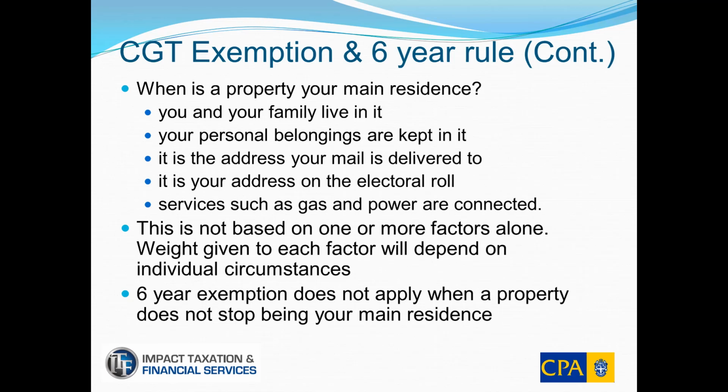And then they can rent it out for 6 years, provided they move back. At the same time, they can have another property in Australia, and the 6-year rule still applies. So they can rent out their overseas property, and before it expires, they move back. It might be a big hassle for them to move back, but provided they are meeting the 6-year rule requirement, they can still elect one of them as their main residence.